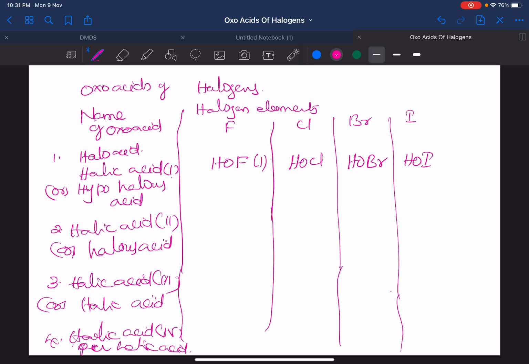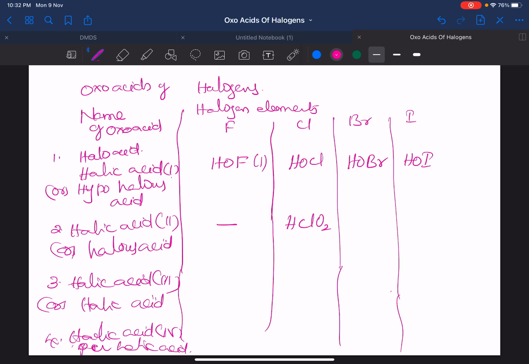The next one is halic acid 2, where the oxidation number of the halogen atom is +2, called halous acid. Fluorine does not give any halous acid, whereas chlorine gives HClO2, that is HOClO, chlorous acid.